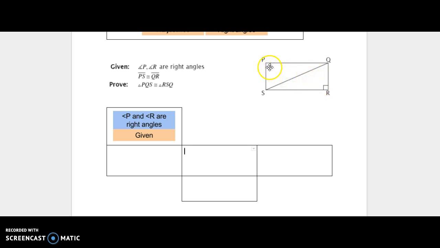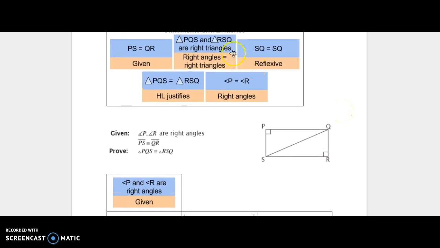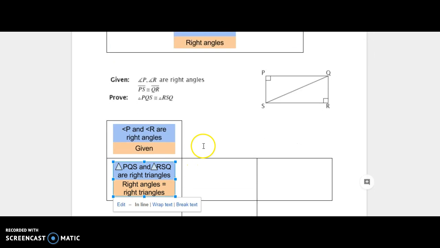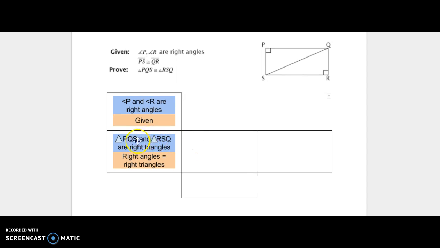What we have to do is say that since these are right angles, what we actually have are right triangles now. This is what matters more: that triangle PQS and triangle RSQ are right triangles. Right angles equal right triangles. If you have a right angle, there must be a right triangle. So we don't care anymore about having congruent right angles.